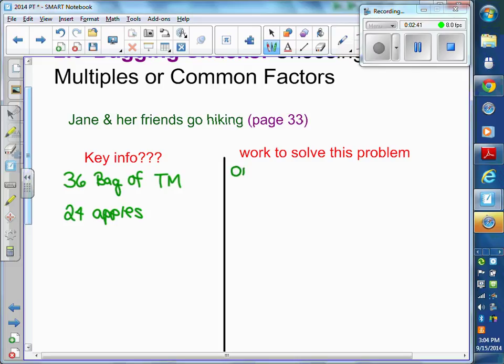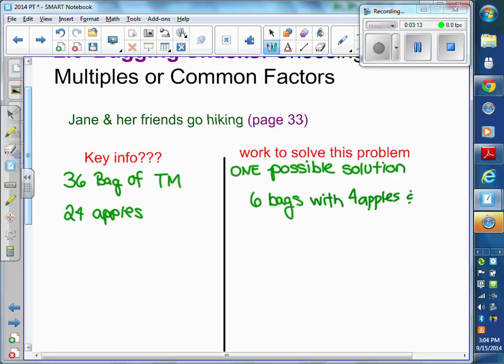Okay, so one possible solution, and then I'm going to let you guys work a little bit more, is what Discrete said, that you could have 6 bags with how many apples? 4 apples. And how many trail mixes? 6.